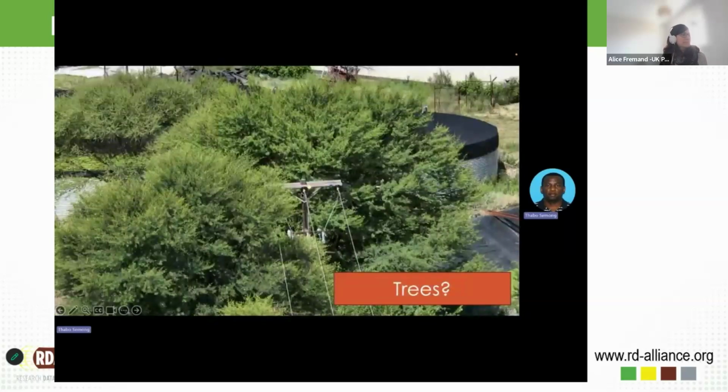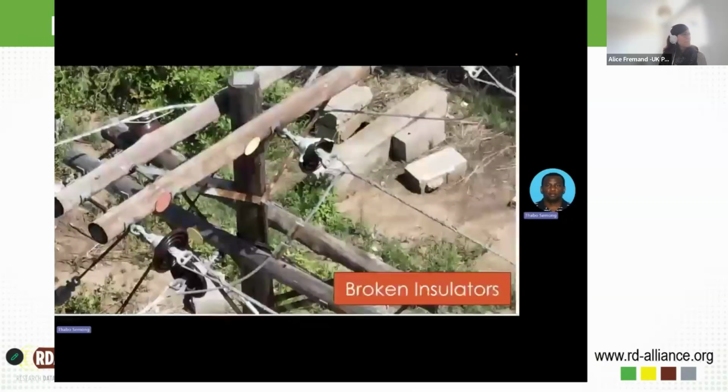And this one is a simple one. As you can see, the power line is going through the trees, which means these trees have grown up and they need to be cut. Sometimes it takes a while. When it becomes rainy or windy, these trees somehow cut or break the power line and it becomes an issue for them.